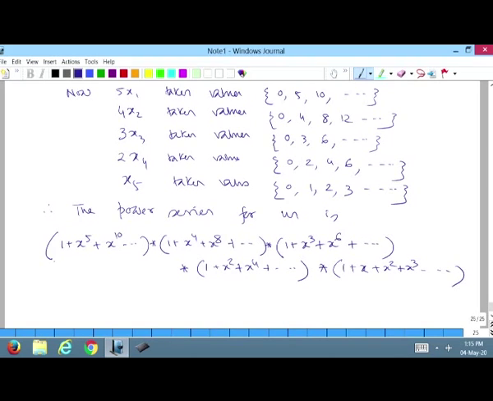As you can understand, each factor corresponds to its set of values.